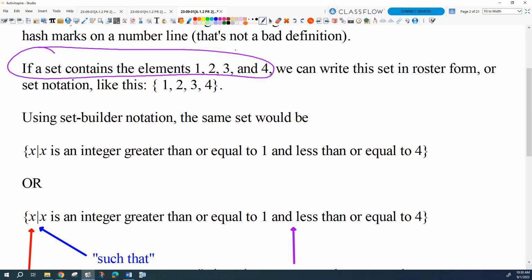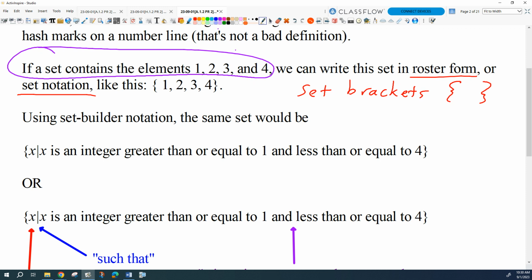So one way we can write the set that I've described in that purple bubble is using roster form. That's what we can call it, roster form, or sometimes we just say set notation. Set notation looks like this. We're going to use a set of set brackets. When we talk about set brackets, it's those things, the squiggly brackets.